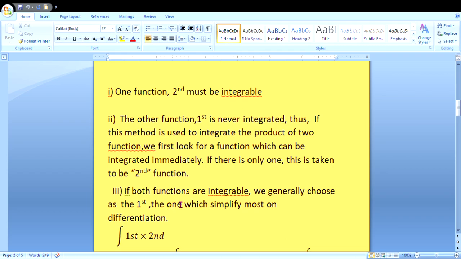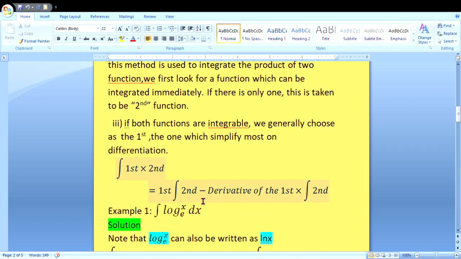Thirdly, if both functions are integrable, we generally choose as the first the one which simplifies most on differentiation. Now this is the simple formula: the integral of the first times the second is equal to the first times the integral of the second, minus the integral of the derivative of the first times the integral of the second.